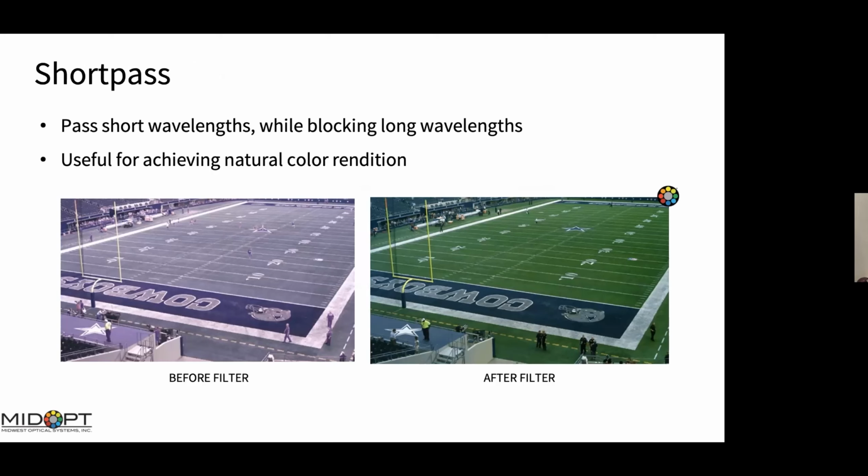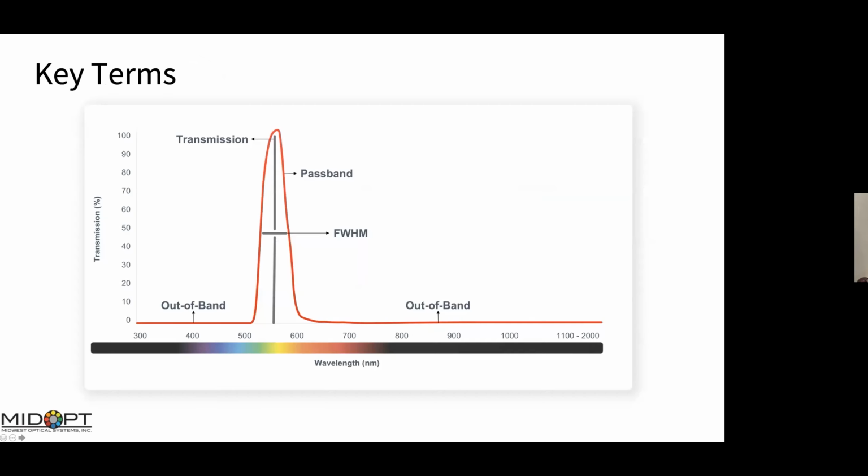Short pass filters, like the name implies, help to pass shorter wavelengths and block longer ones. If you remember from this slide, on a spectral curve or transmission curve, we refer to the left side as the shorter wavelengths, that's the UV and the visible, and the right side, the infrared wavelengths, we refer to as longer wavelengths.